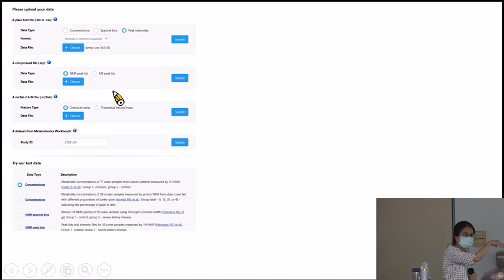After you upload the data, you need to assign which group is your experiment group and which group is your control group. After that, it will help you understand which metabolites change the most in your sample compared to your control group.